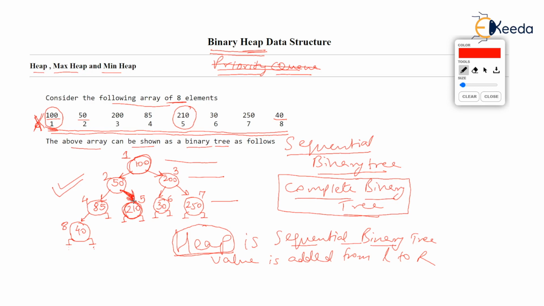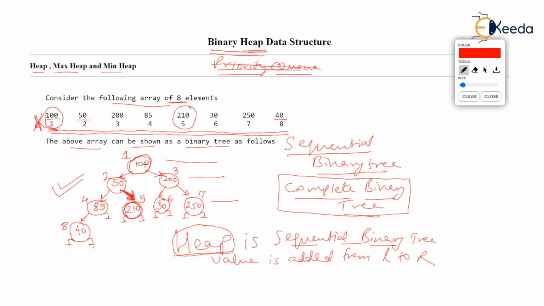Try it again. Who is the parent of node number 8? The parent of 40, that is node number 8, is 8 by 2, that is 4. Who is the parent of node number 2? That is 50. The parent of node number 2 is 2 divided by 2, that is 1. Who is the parent of node number 3? It is 3 divided by 2, which is 1.